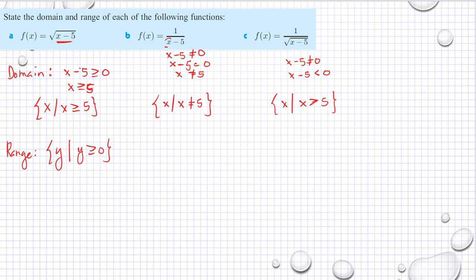Okay, when this is a very big number, then it is almost 0, but it is not 0. Okay, when it is a negative number, it's the same. It's almost 0, but it's not 0. So our range here now is y such that y is not equal to 0. Never be 0.